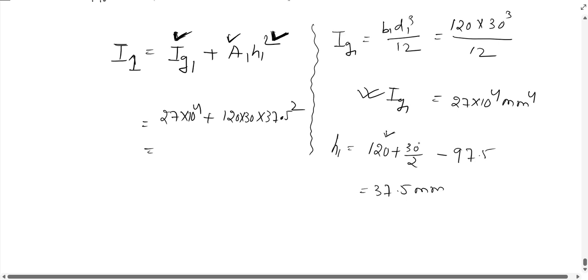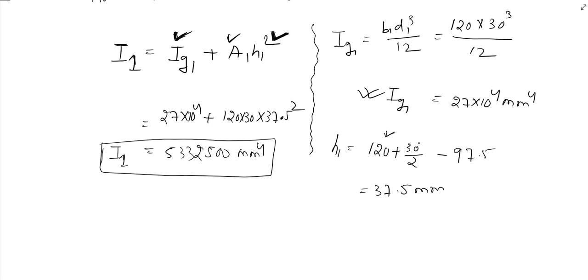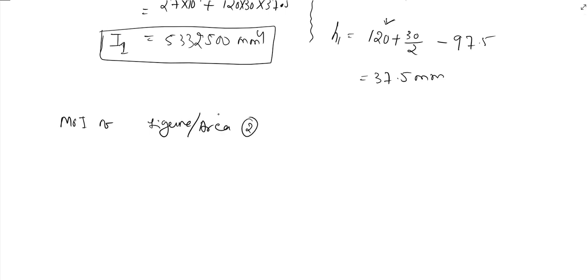Okay, I am calculating using the calculator. 120 into 30 into 37.5 square, which is equal to 5332500 mm to the power 4. This is the moment of inertia of figure 1 about x axis. Then we will calculate the moment of inertia of figure or area 2 about x axis in the same manner.